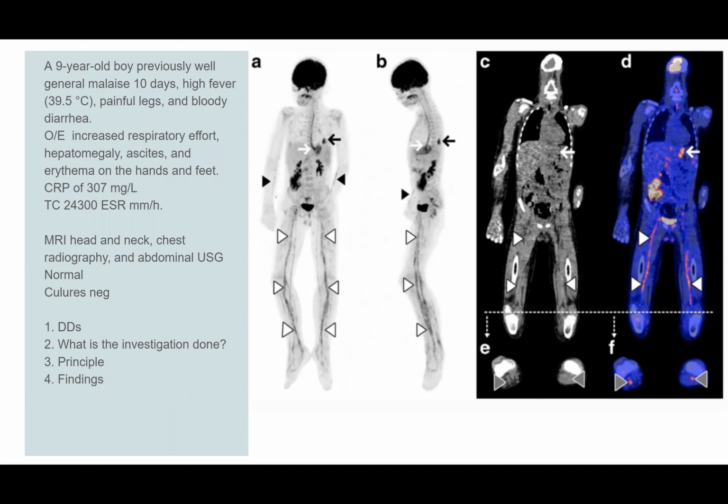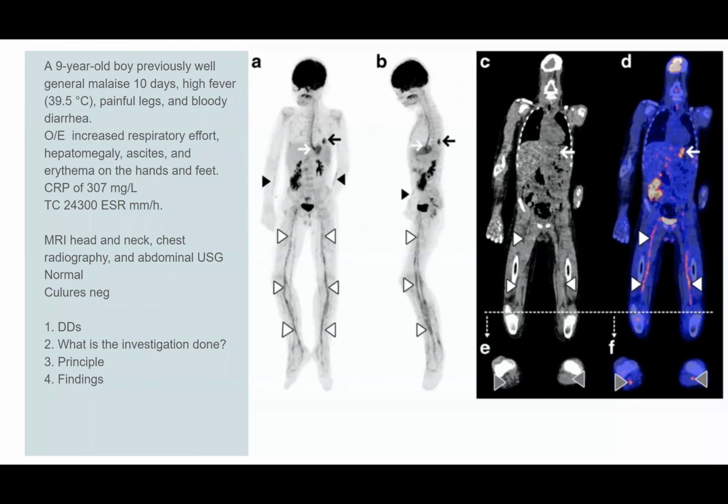So the lower limb vessels are involved. That is what it is showing. And the lung, that black arrow is a lung infection. And the white arrow is apparently the esophagus. So there was some irritation or whatever. That is why I told not to consider those two. Because that is just noise.